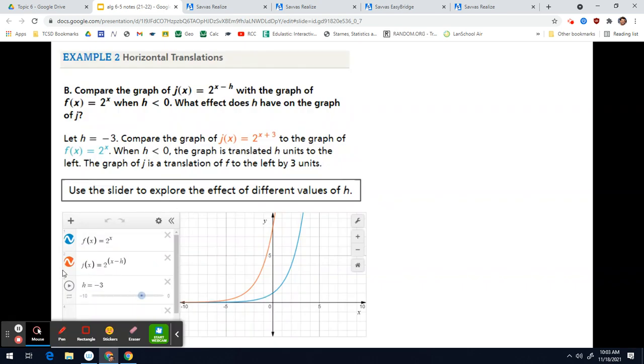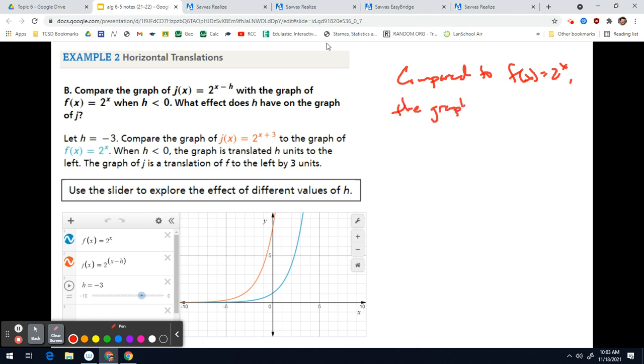Okay, so in summary, compared to f of x equals 2 to the x, the graph of j of x equals 2 to the x minus h, with h less than 0, which essentially means j of x equals 2 to the x, it's going to say a plus h, right?